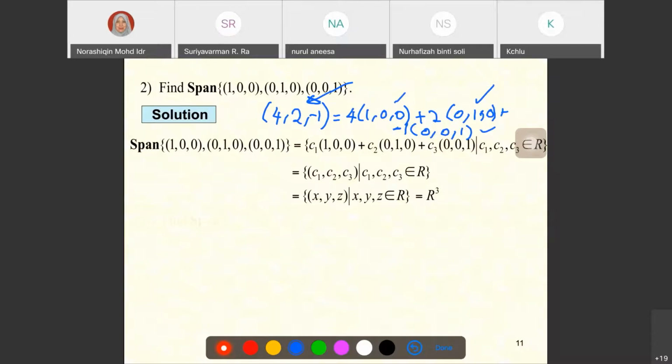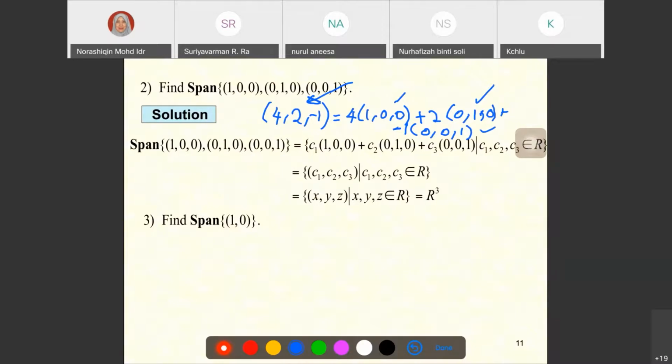Okay, find this one. Find the span of (1, 0). How many C's here? This is question number 3.